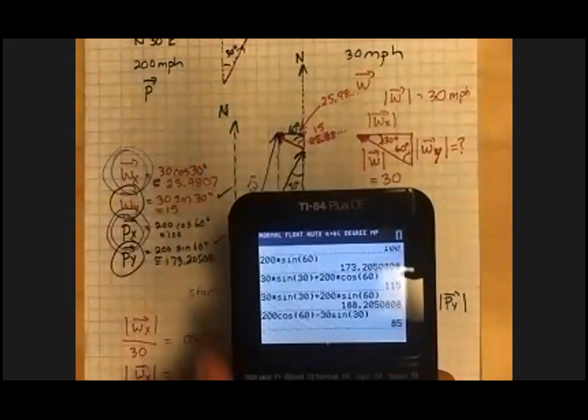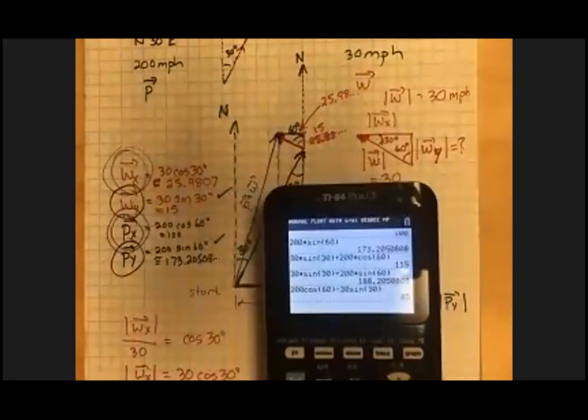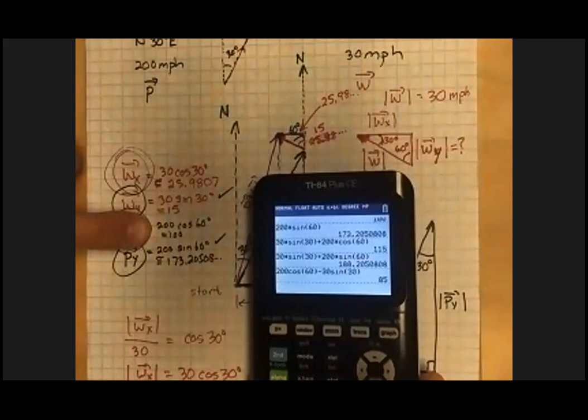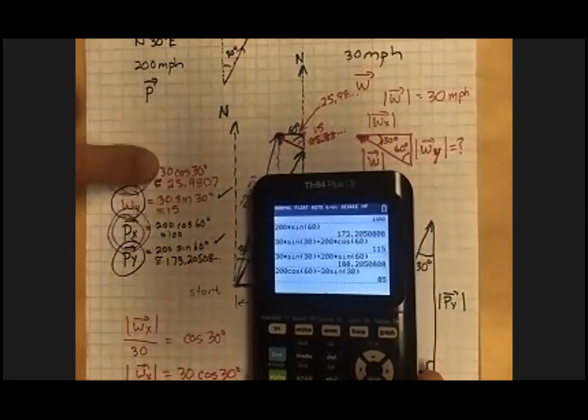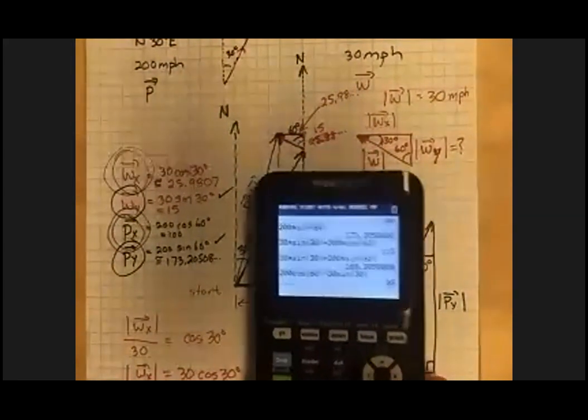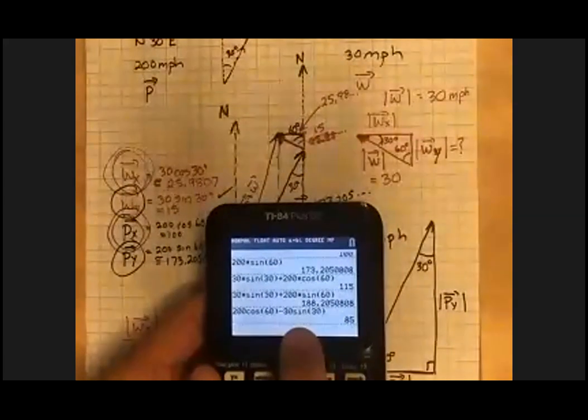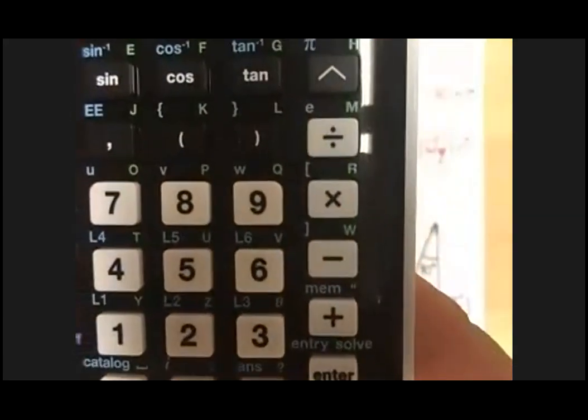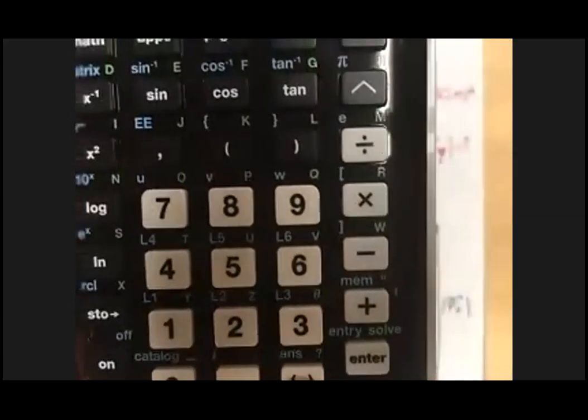So let's go investigate that. What did I type wrong? 200 cos 60, got it. I was supposed to subtract 30 cos 30, and I subtracted 30 sine 30. So let's go back to second function entry right here. You see the word entry on this lower right-hand key.